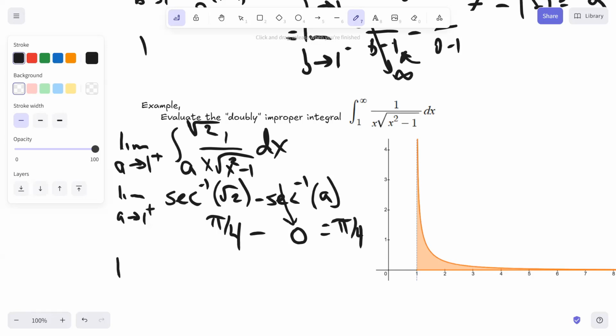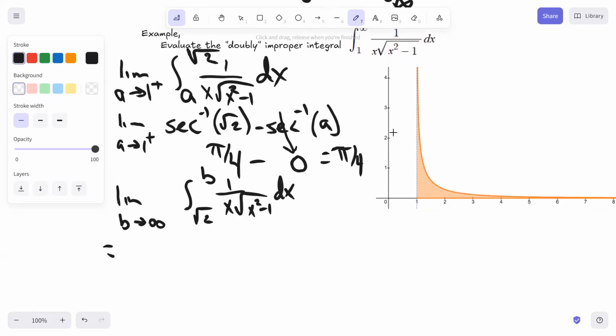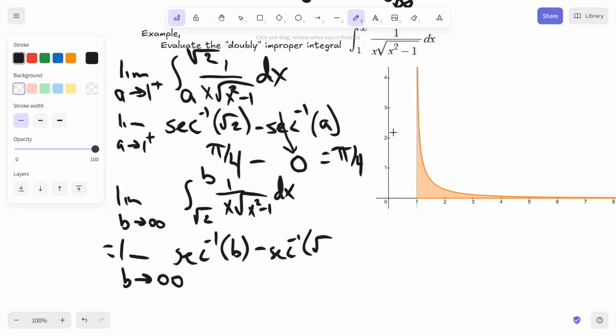We also have to look at the limit as b approaches infinity of the integral. Here this is the limit as b approaches infinity of secant inverse of b minus secant inverse of root 2. As x approaches infinity, secant inverse approaches pi over 2, and secant inverse of root 2 is pi over 4.